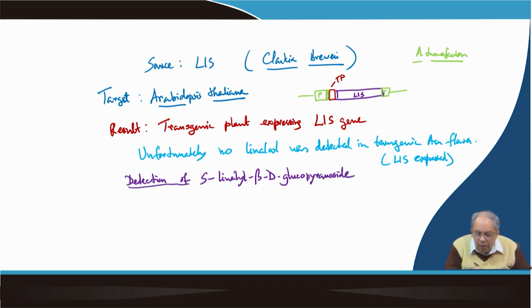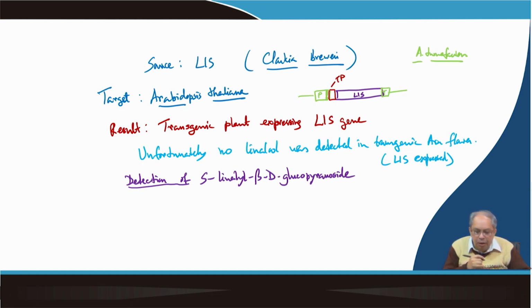This is what they found in the tissue. As the name indicates, it has some relationship with linalool. What sort of relationship? It appears that linalool was perhaps produced and then underwent glucosylation, leading to formation of this compound, which is non-volatile and stored in the vacuole.